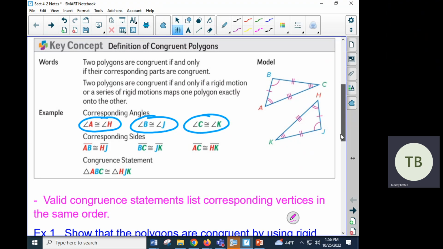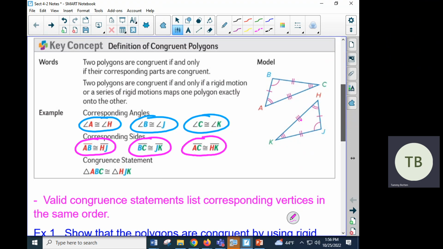Then notice how AB has one dash and HJ has one dash. Because of that, those two sides are congruent. Notice how BC has two dashes and KJ, or JK, you could name that either way, has two dashes. So those two are congruent. And then AC has three dashes as well as KH. So those two are congruent.